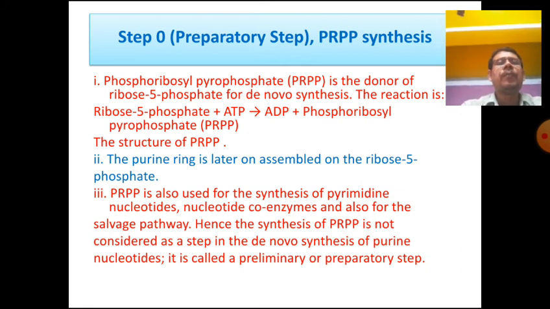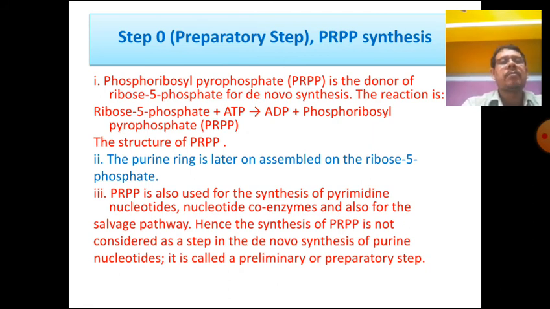So PRPP is the most important precursor for the synthesis of the purine nucleus, not only for DNA but also for RNA. Nucleotide coenzymes also have the salvage pathway, hence the synthesis of PRPP is considered a step for the de novo synthesis of purine nucleotides. It is called the preliminary or preparative step.